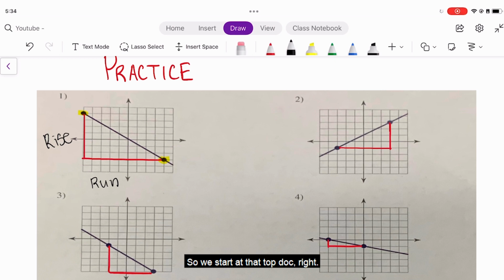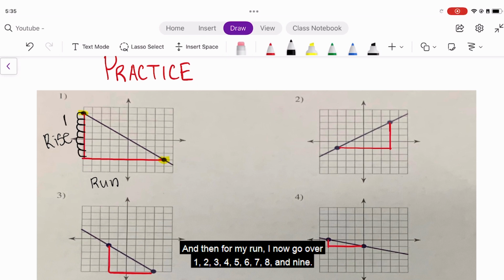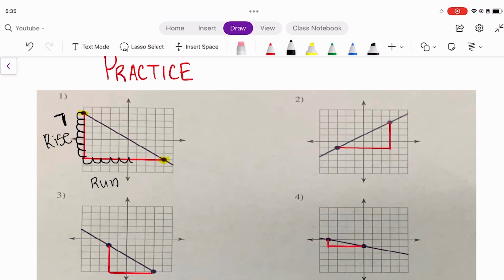So we start at that top dot, right? And that's highlighted. And I go down 1, 2, 3, 4, 5, 6, 7. So that's 7 right there, right? And then for my run, I now go over 1, 2, 3, 4, 5, 6, 7, 8, and 9.